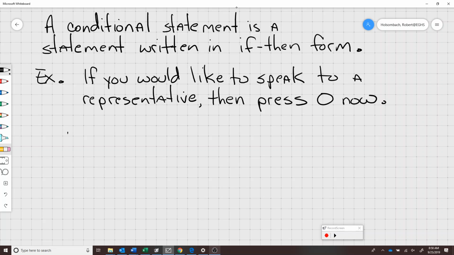Let's do words, symbols, model. All right, words.